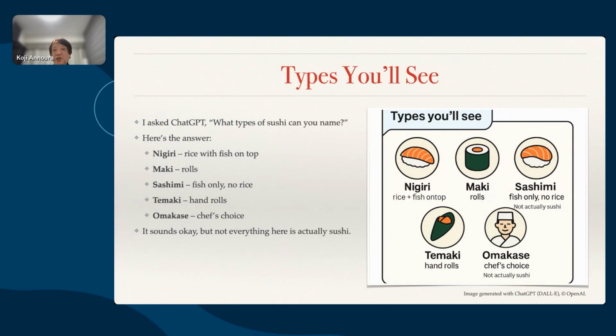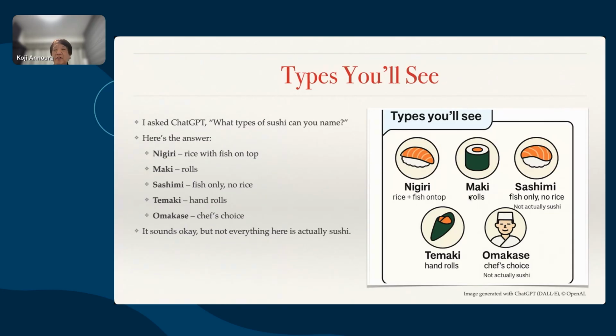So, types. I asked ChatGPT, what types of sushi can you name? Here's the answer. Do you know sushi well? Nigiri, maki, sashimi, temaki, and omakase. They answered five types. You can see the picture on the right side: nigiri, rice with fish on top, okay?